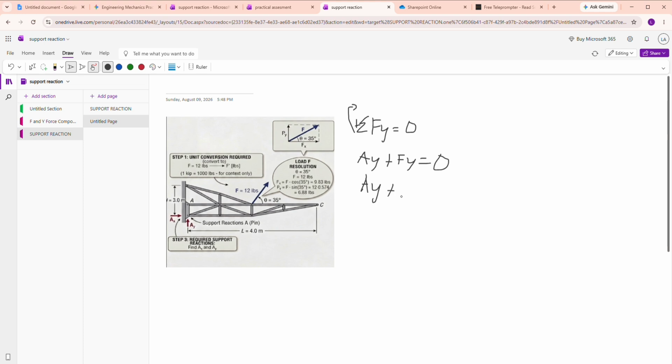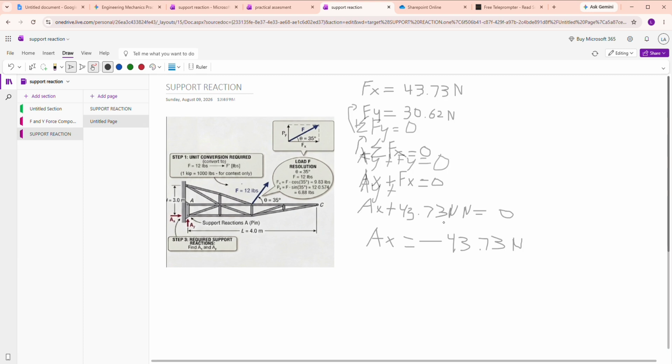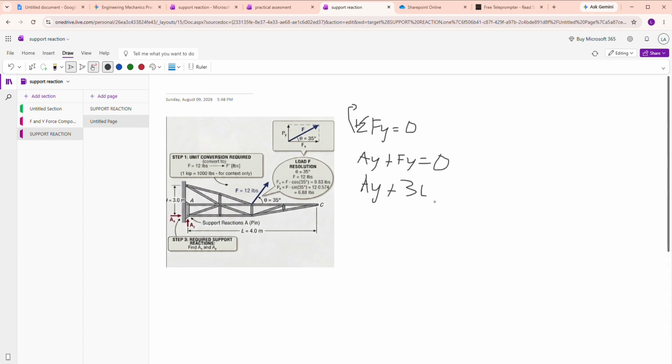Ay plus 30.62 Newton equals 0. Then this 30.62 will go to the right side, so it will be a negative sign.